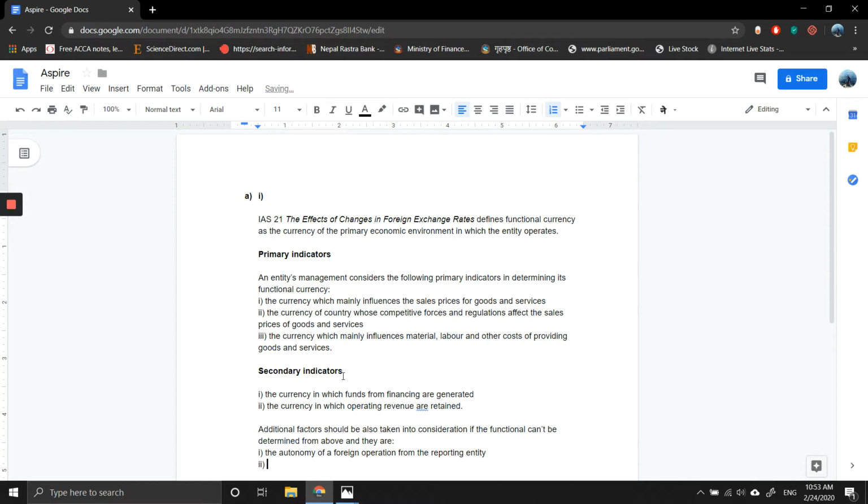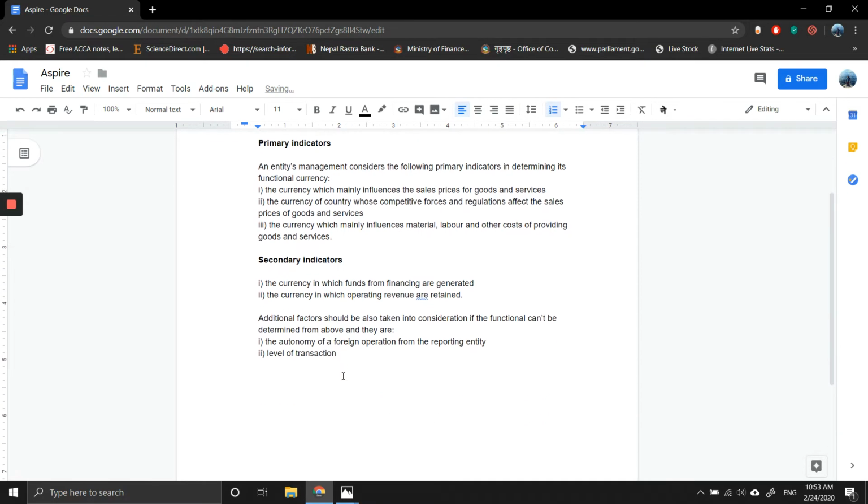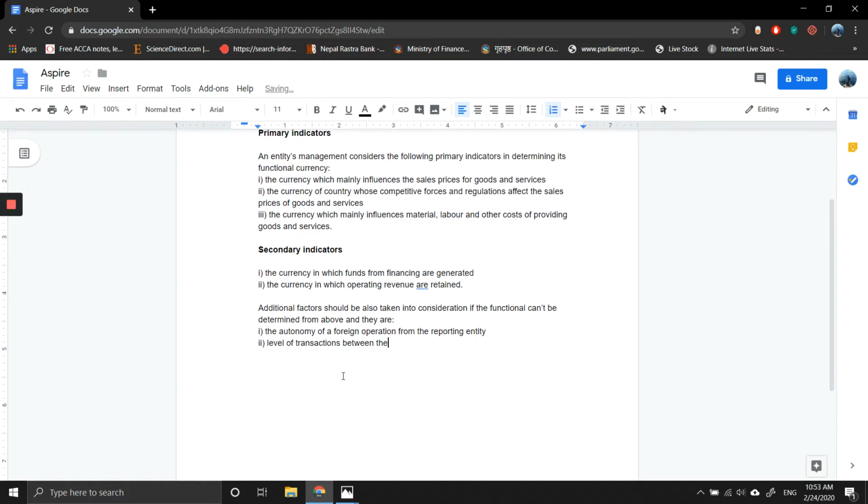Second is the level of transactions between them. Then, whether the foreign operation generates sufficient cash flow to meet its cash needs.